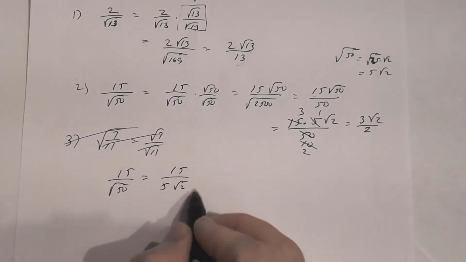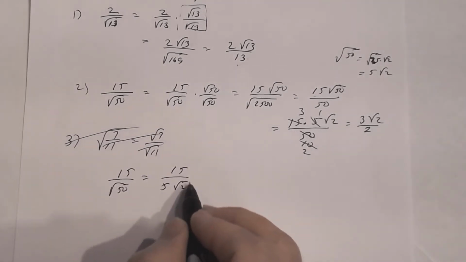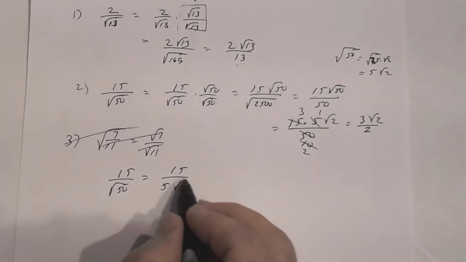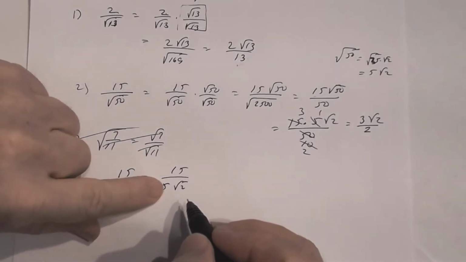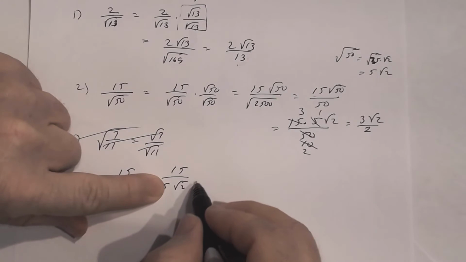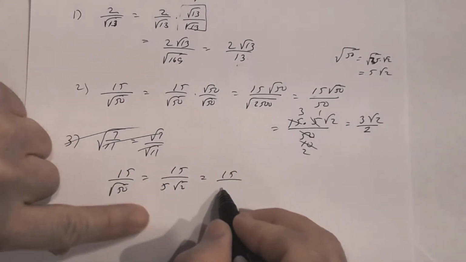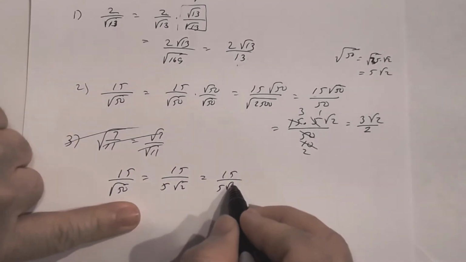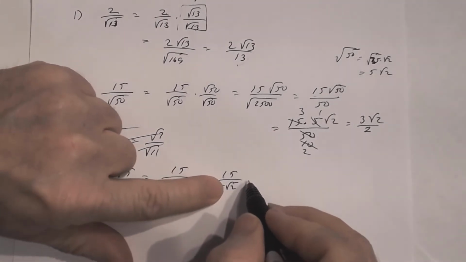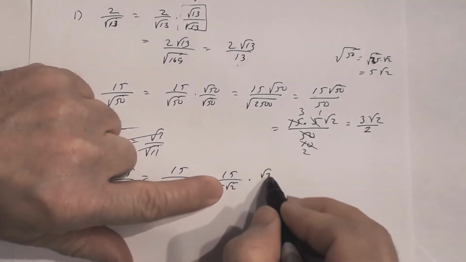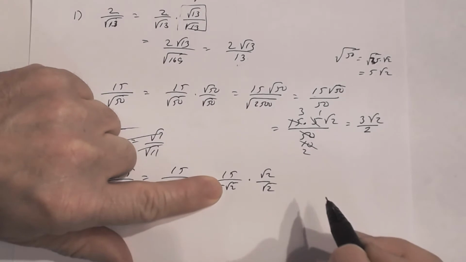And remember, all you have to do now is rewrite this so that you don't have a square root of 2 in the denominator. If that 5 wasn't there, wouldn't you just multiply both numerator and denominator by the square root of 2? Well, that's all you do.